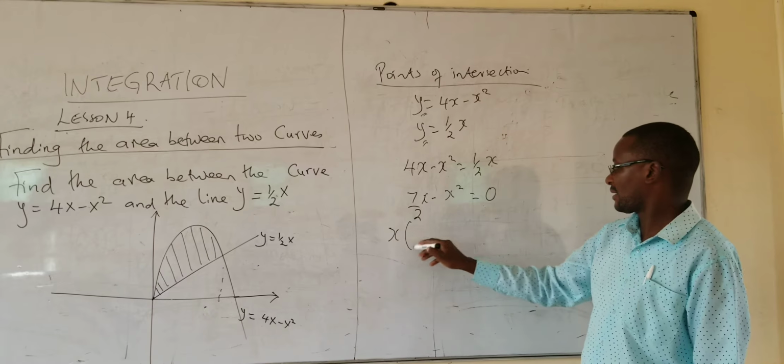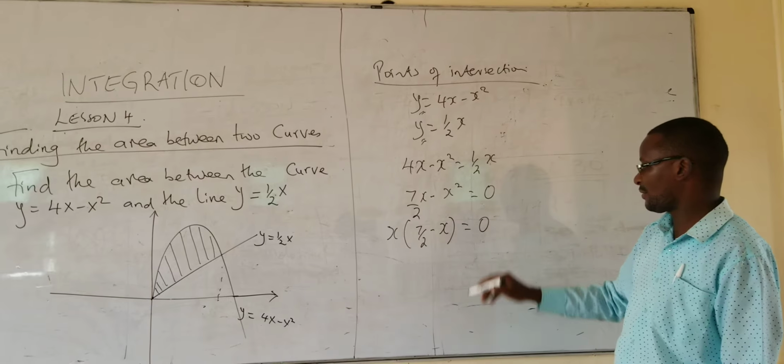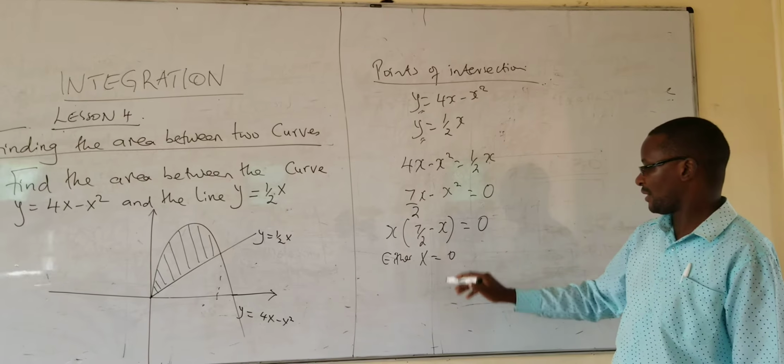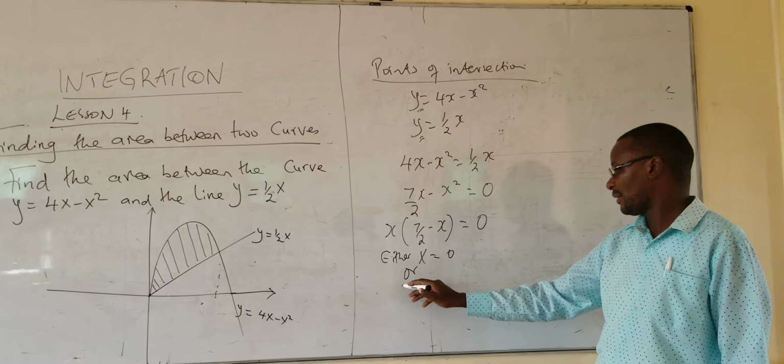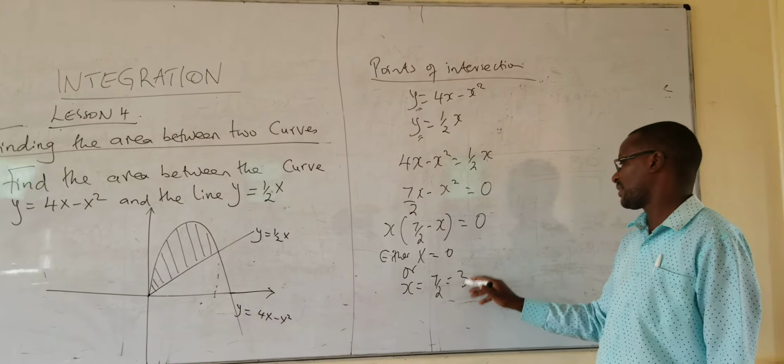Factor out x, you get x times (7/2 minus x) equals 0. So either x equals 0 or x equals 7/2, which is 3.5.